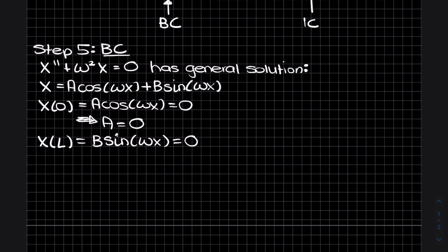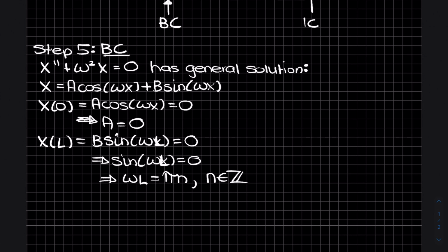So that just means that our sine lambda x should equal 0, which can further imply that, it's not x, it's L, our lambda L should equal pi n, where n is an integer. So if we solve for lambda, we have pi n over L, for n equals 1, 2, and so on.